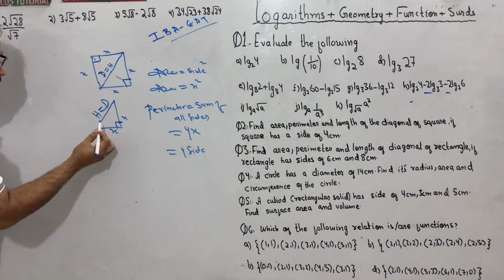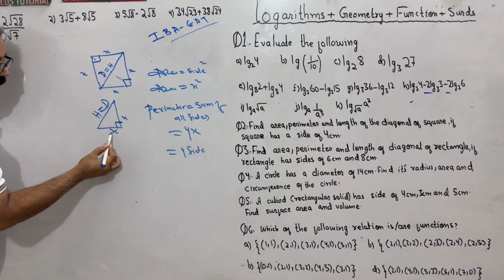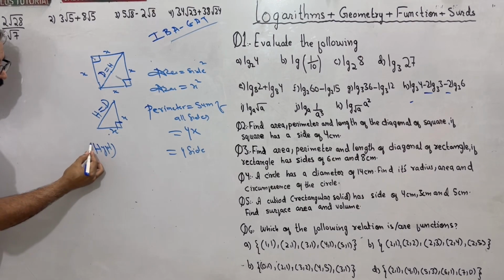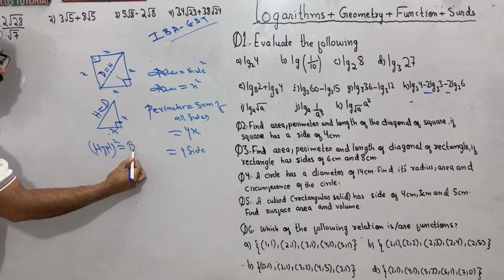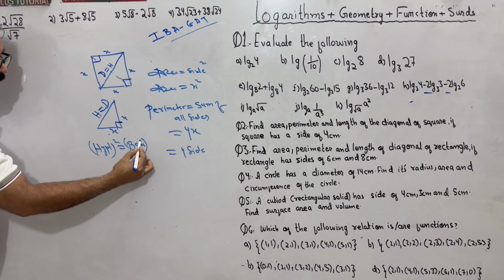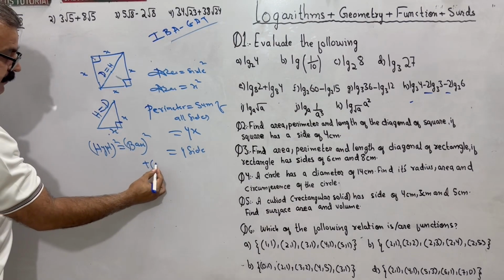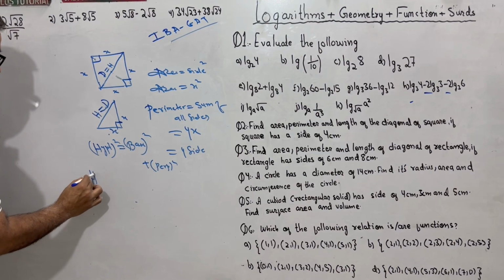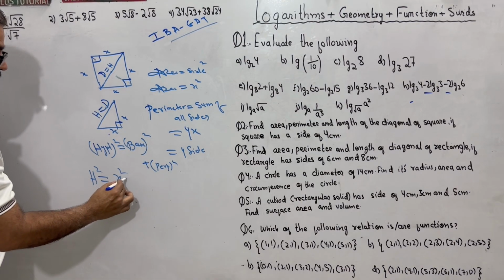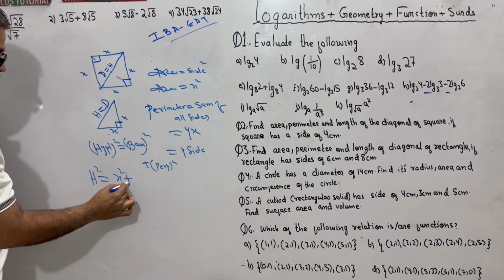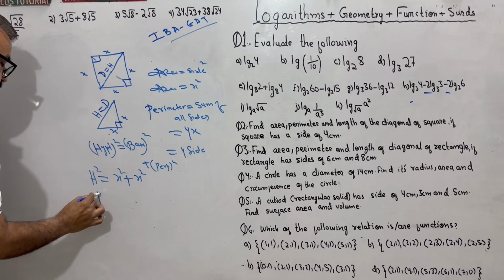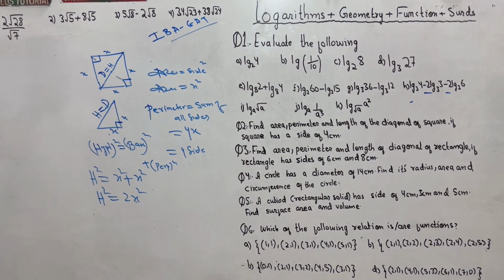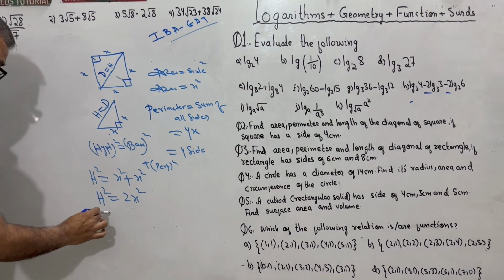Applying Pythagoras theorem, opposite to 90 is our hypotenuse, then base and perpendicular. Hypotenuse squared is equal to base squared plus perpendicular squared. So I have hypotenuse h, base x, and perpendicular x. x squared plus x squared becomes 2x squared.